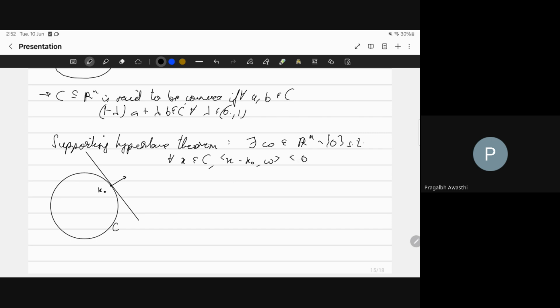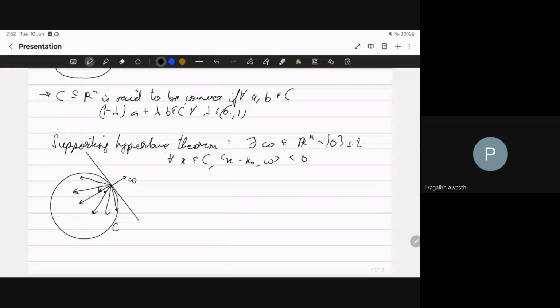So that means that for every point in the convex set, this angle is obtuse and gives a negative cosine, and that's what the supporting hyperplane theorem says. It particularly guarantees the existence of this plane which is defined by w and x naught.